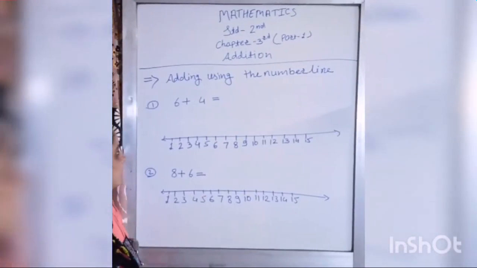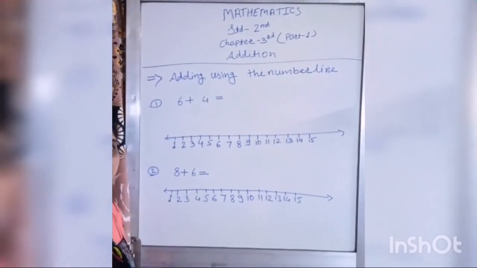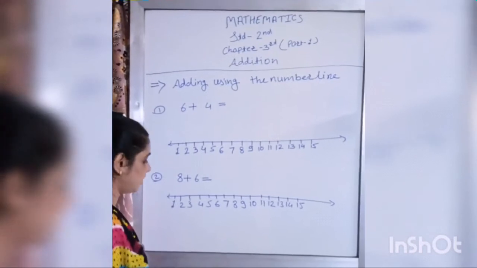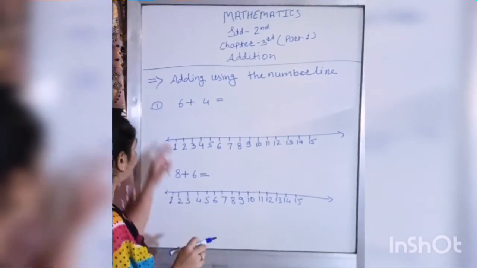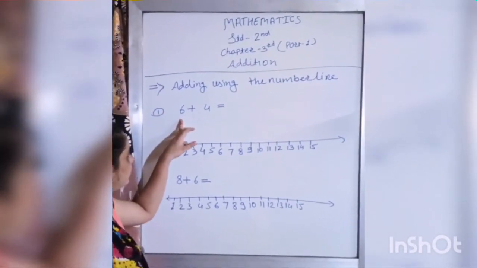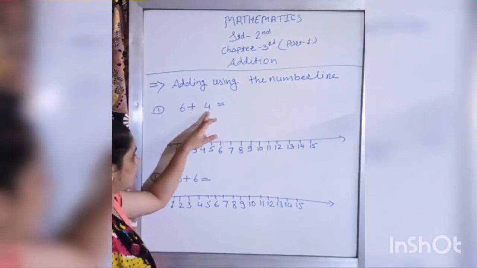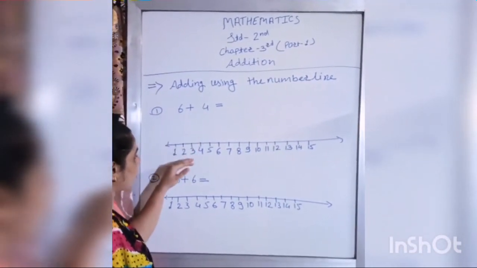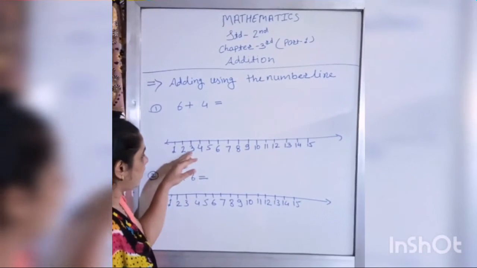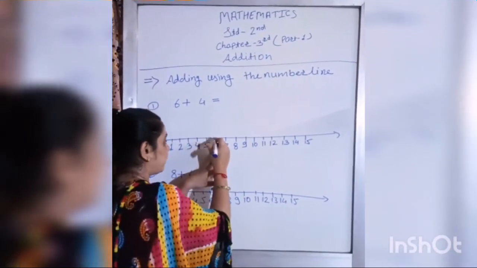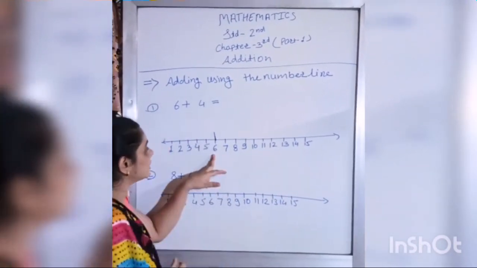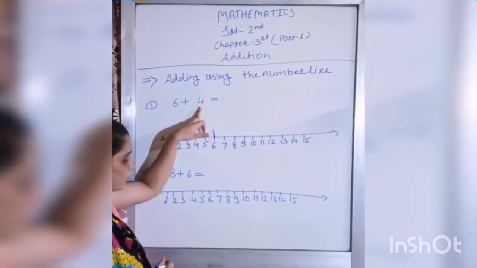Now we will see how to add the numbers on number line. See the first question. What are the numbers? 6 plus 4. See on the number line, where is the 6? Here. And what is the next number? 4.